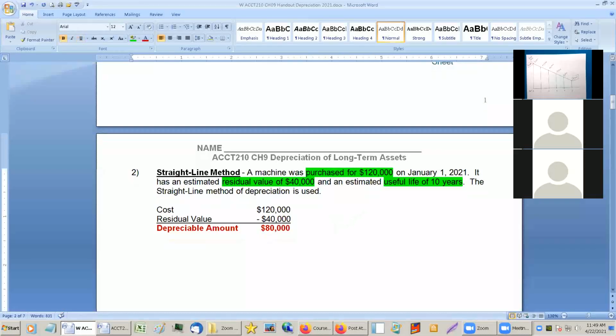Okay. $8,000 per year. Okay, so this will be the depreciation expense.